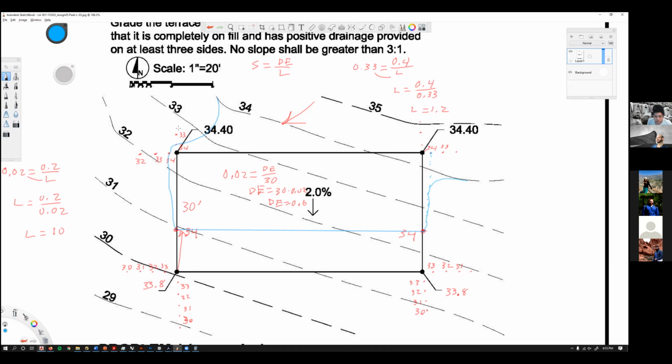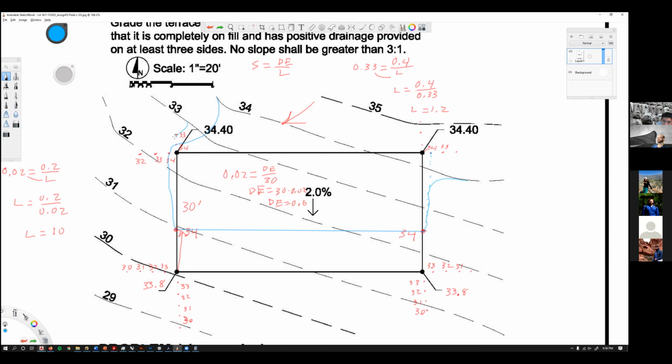Okay, for 33, we're going to try to catch this dot right here and this dot while maintaining our 3-foot distance. So you don't want to start within 3 feet of your contour line over here. You want to start back a little ways.